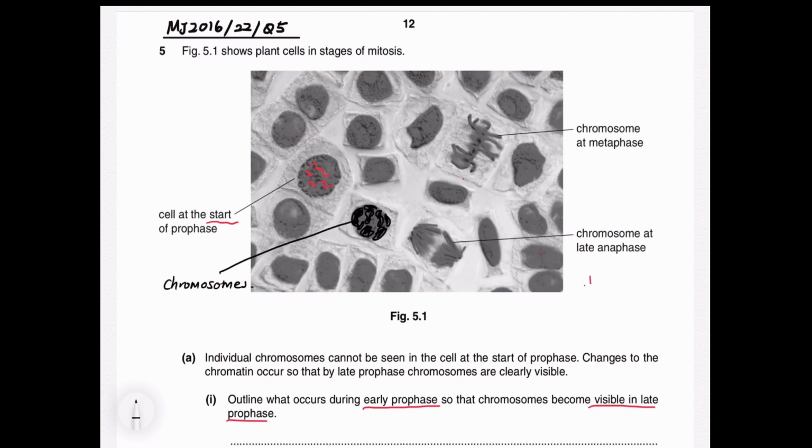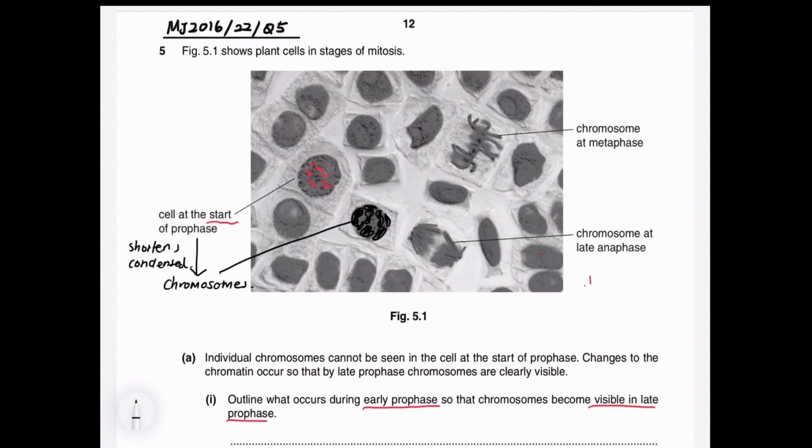So what is happening to the chromosome that actually converts it from a thin strand to a thick strand? Here the expectation is just that the chromosome starts to shorten and condense.